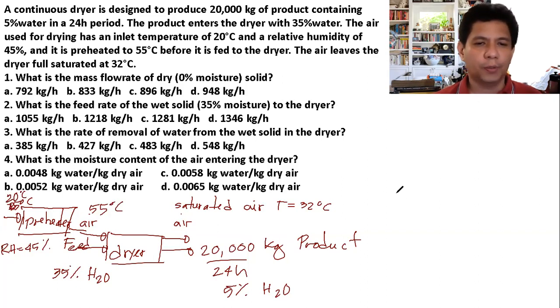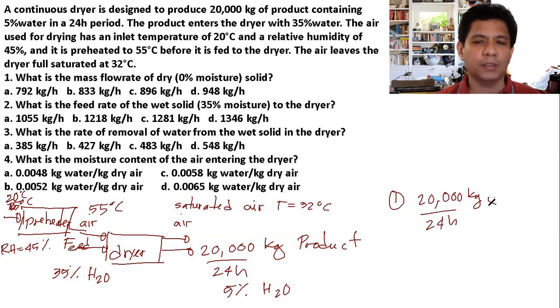So for number one, you simply have 20,000 kilograms. If you look at the choices, all of the choices are in kilograms per hour. So you just divide the 20,000 kilograms by 24 hours. But this still contains the 5% water, so you need to remove the water.